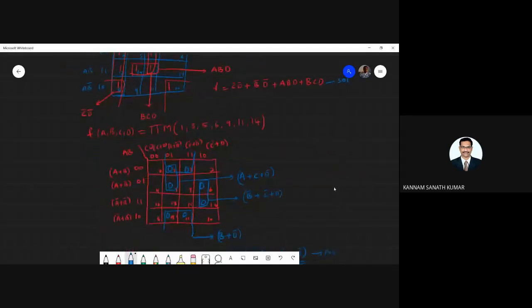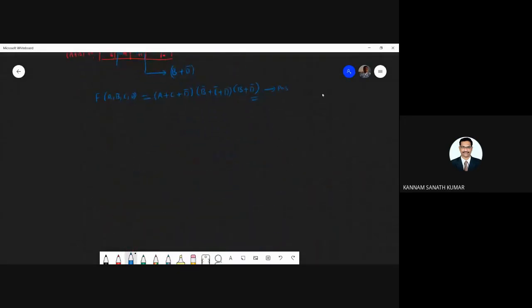So next, I want to explain one of the important concepts in the K map. Those are nothing but prime implicants. Okay, so prime implicants. You have prime implicants, so these are nothing but PI. Okay, and essential prime implicants.